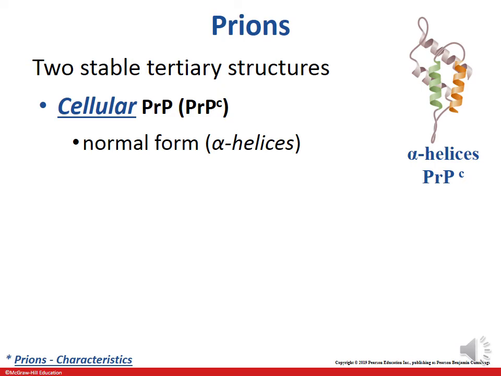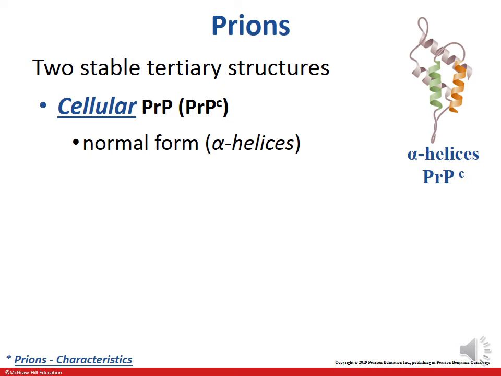So here's what they look like, right? Primary structure is your amino acid sequence. Your secondary structure is just the folding patterns, and then tertiary is the hydrogen bonding pattern that comes from that. And so we have what are called cellular PRPs.